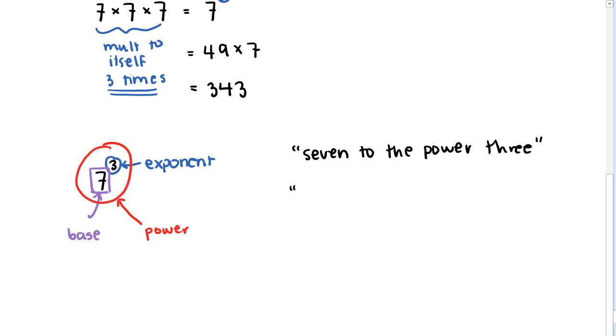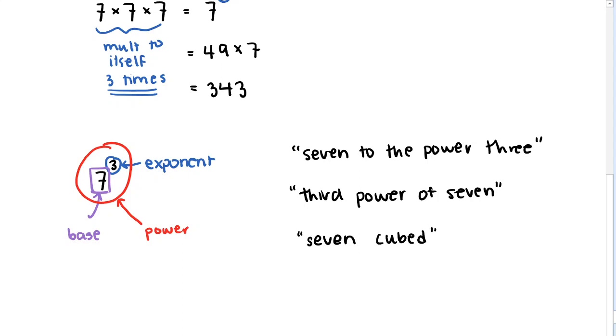Or you might say the third power of 7. And then numbers that are raised to the power 2 or the power 3 often get a special name. For numbers raised to the power 3, sometimes they're called cubes. So you might call this 7 cubed. And we'll talk about why that's the case later.